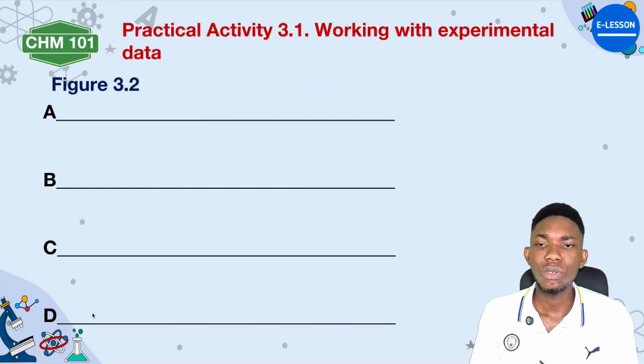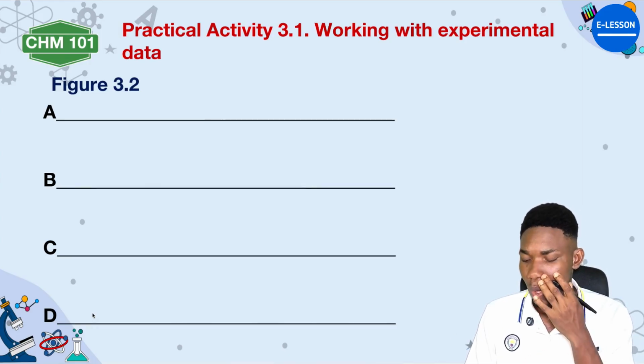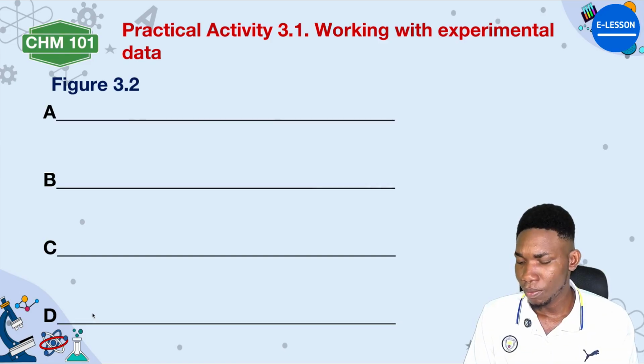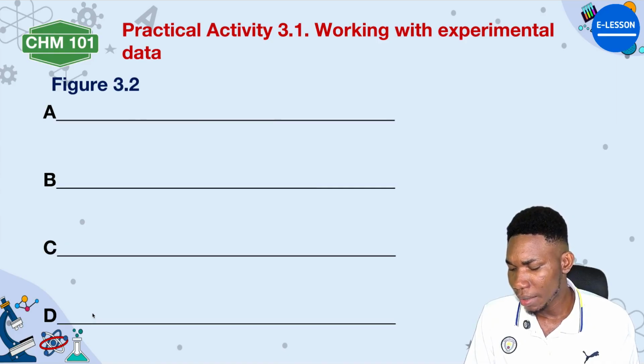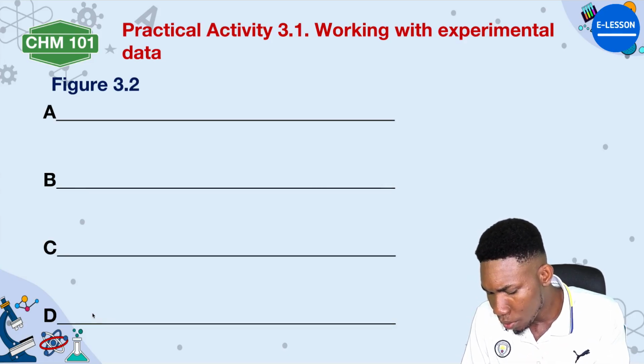Then if you go to this same table, you have another one, figure 3.2, which has to do with meter rules. Are you getting it? For the meter rule, you have 1 and 2, and in between them, I think the lines here are not too obvious, but we have 1, 2, 3, 1, 2, 3, 1, 2, 3, 1, 2, 3.